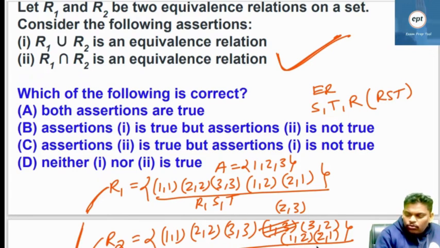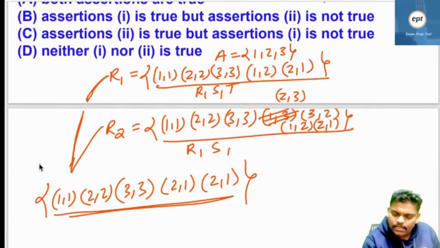Next one. 1, 2 reverse is 2, 1. Both are cancelled. So 1, 1. So if you do the intersection, common pairs are these only. 2, 3, 3, 2 not common. Right? This is the intersection story.